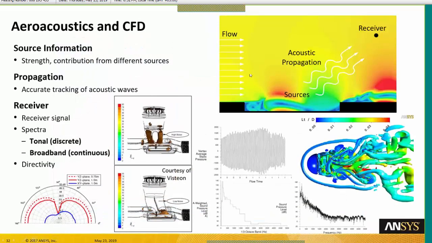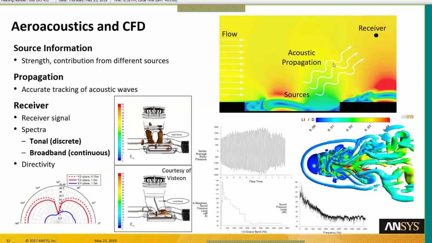We already saw this one as well. Many points are important, based on the life, I would say, of an acoustic wave. First, you create the acoustic wave: you want to know where the sources are placed, and the strength of each source relative to the complete source region. Once you have this information, you want to propagate the sound.